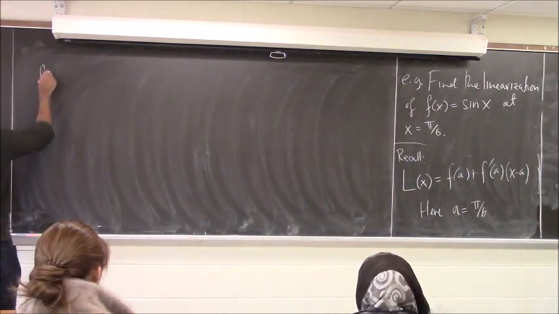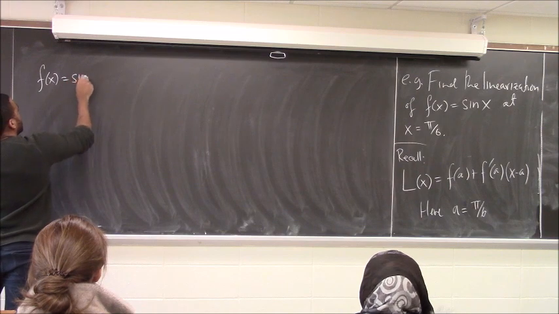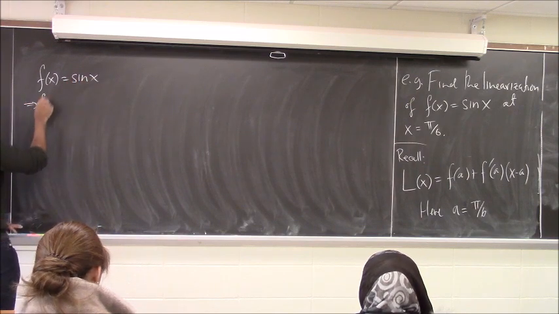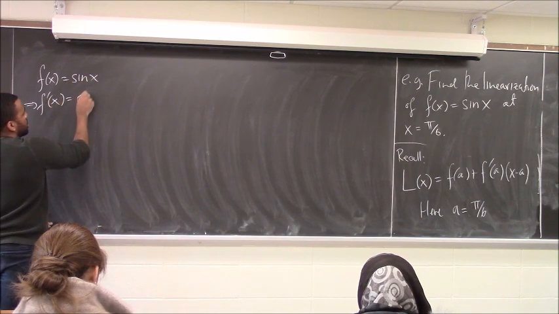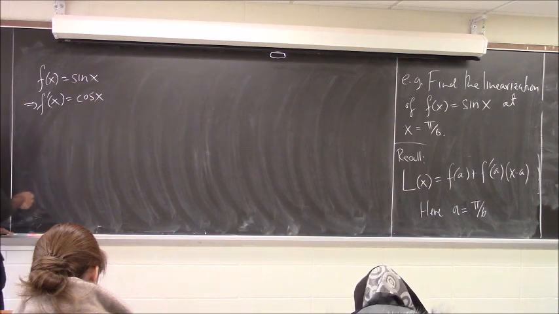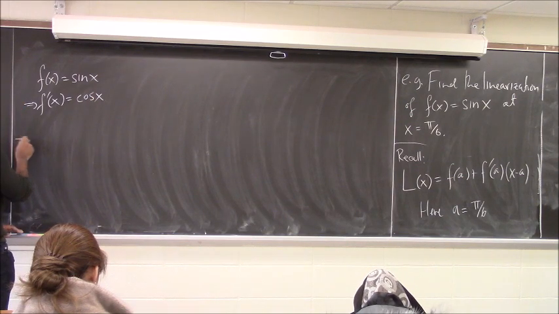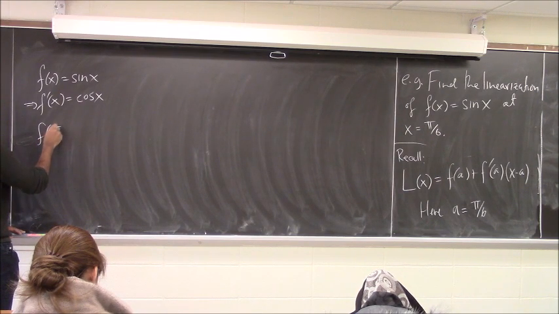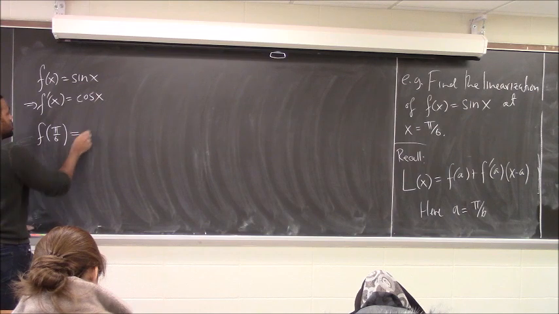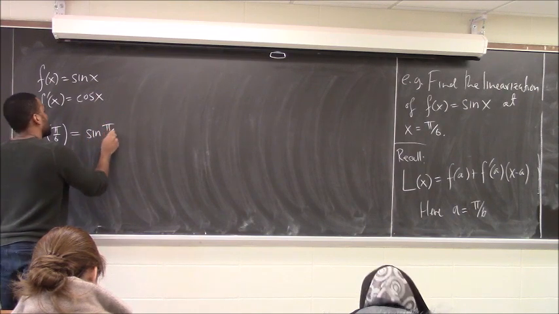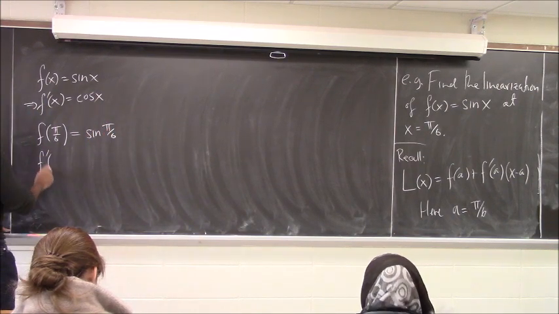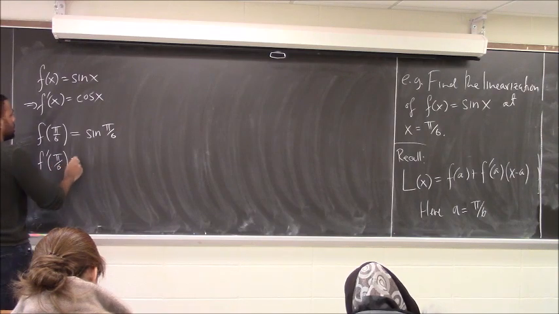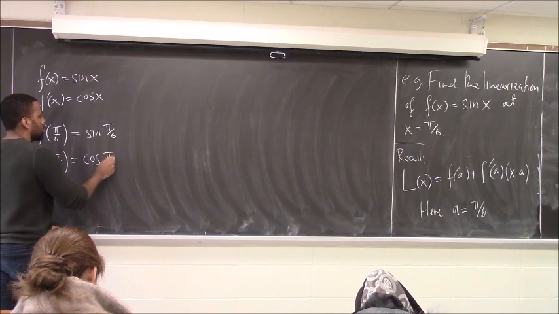So here we know f of x is sine of x. By now we know that the derivative is the cosine of x. So this means f of pi over 6 is going to be sine of pi over 6, and f prime of pi over 6 is going to be cosine of pi over 6.